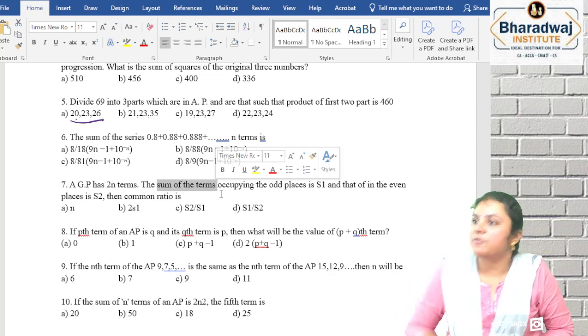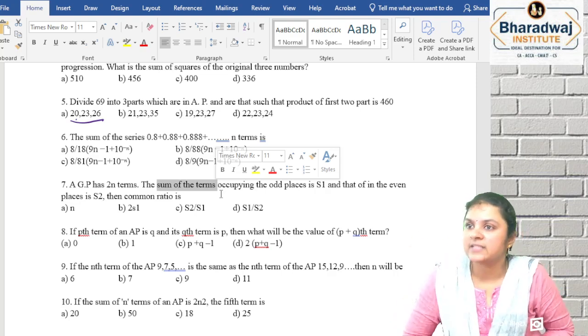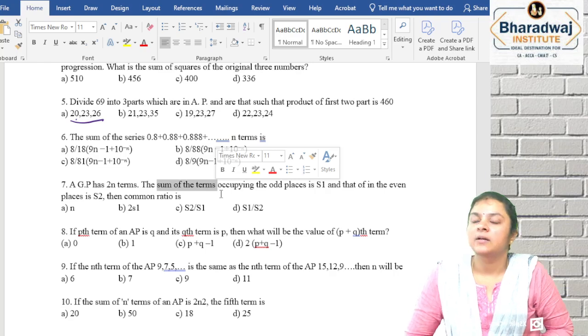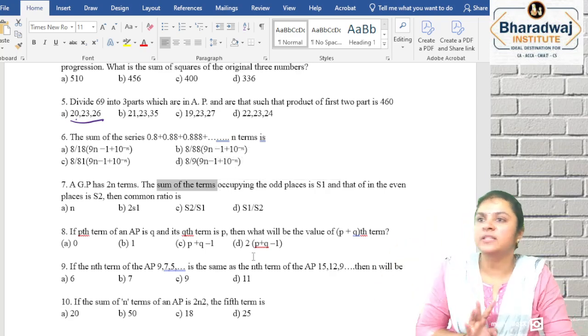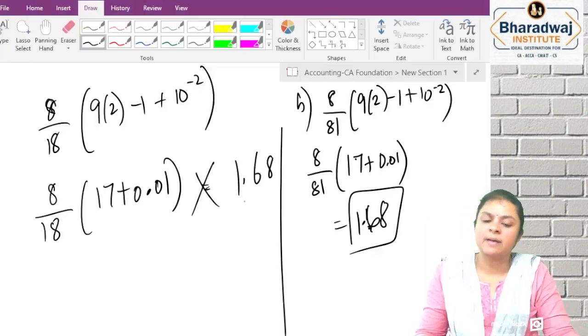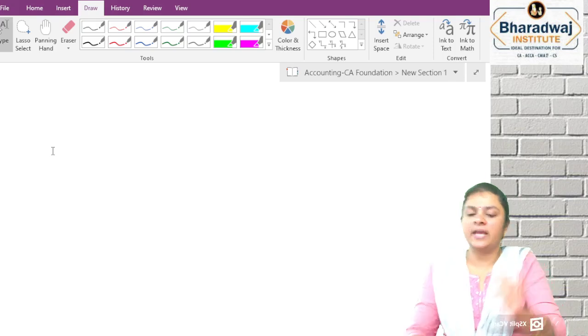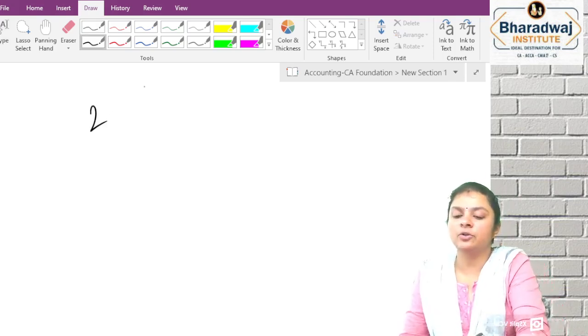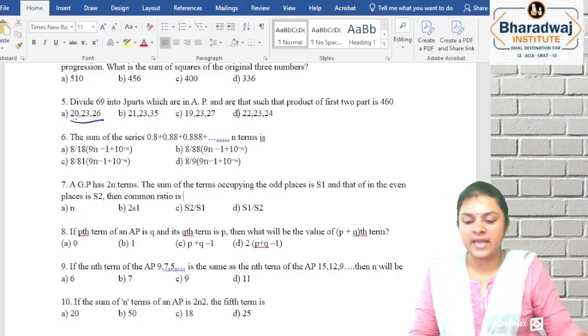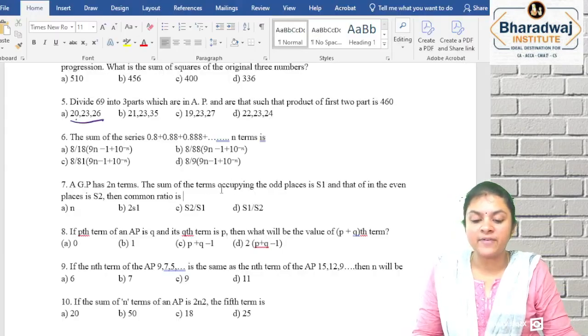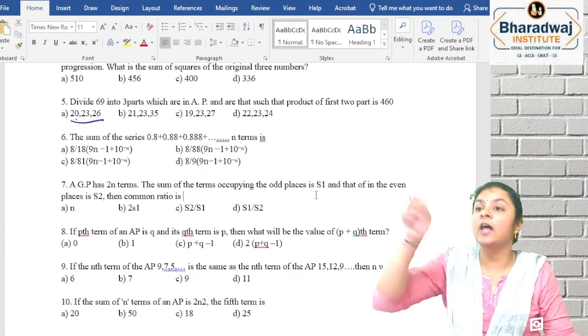Again, in these types of questions, if you are not able to find the answer, assume a number yourself. Let's take 2n terms as 4 terms. Take some random 4 numbers in a GP. So 2 into 2 is 4, 4 into 2 is 8, 8 into 2 is 16. Now they are saying the sum of the terms occupying the odd places.